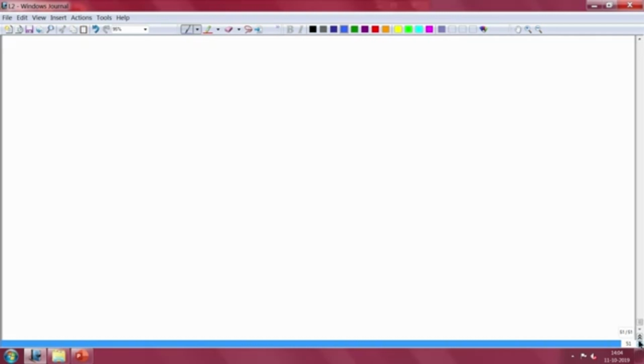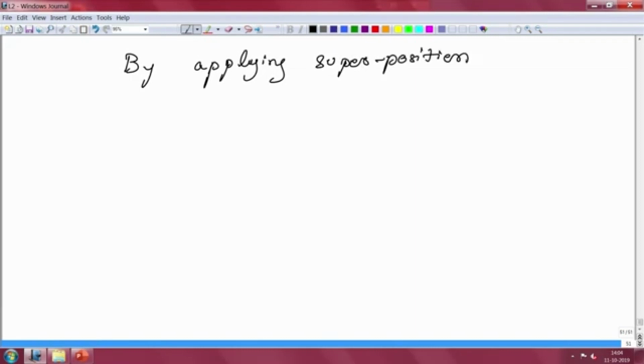So, now if superposition is valid, then by applying superposition, we can say that the stress history that we are after is equal to G(t) multiplied by h(t).